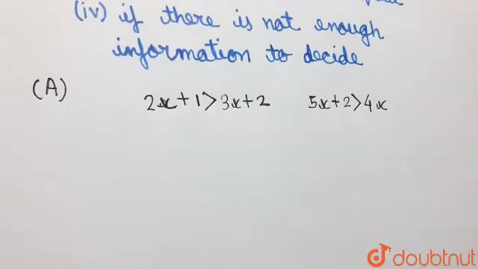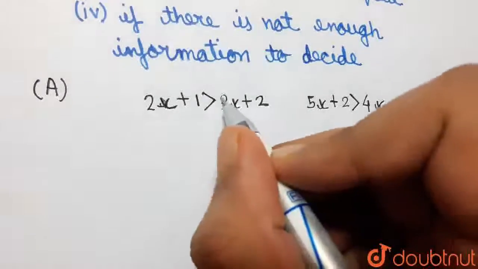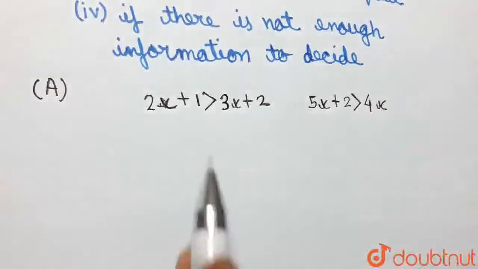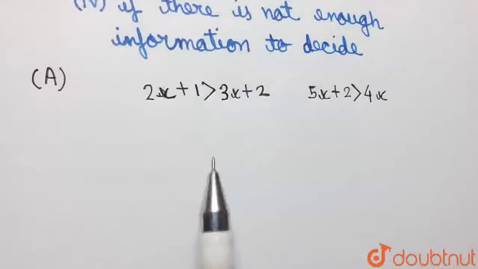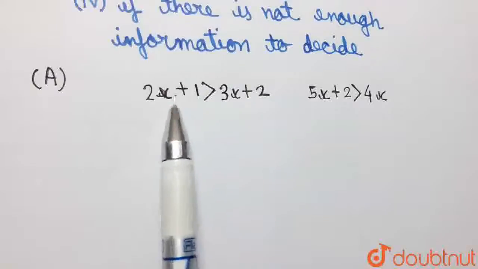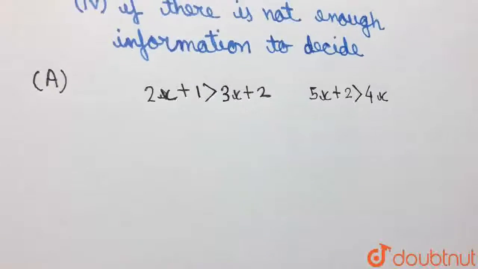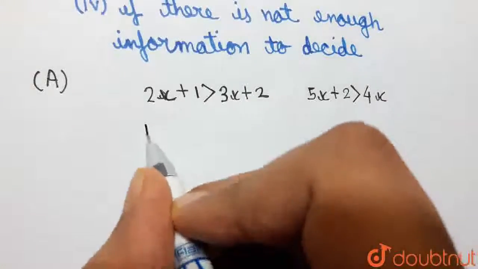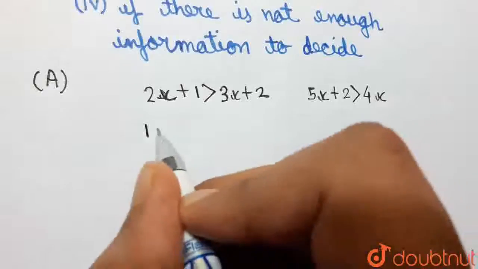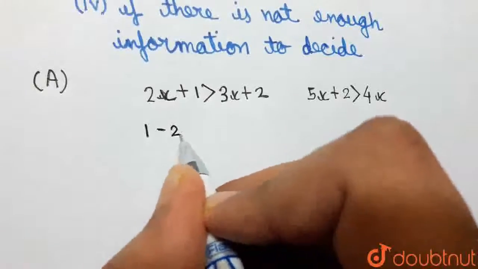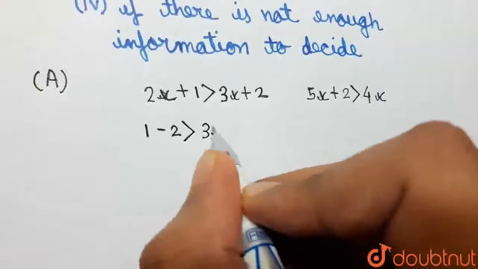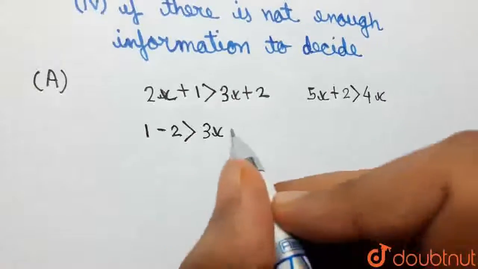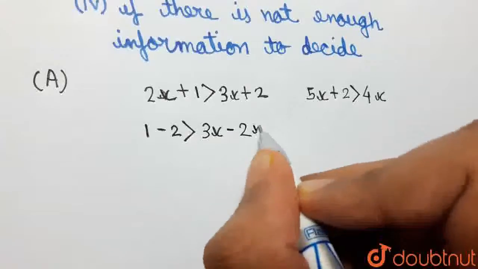Okay. So these are the two inequations. Now solving these two inequations one by one. First of all, considering the first inequation. If we take 2 to the left hand side and 2x to the right hand side, then this inequation can also be written as, on the left hand side we already have 1 and plus 2 will become minus 2, greater than, on the right hand side we already have 3x and plus 2x will come over, it will become minus of 2x.